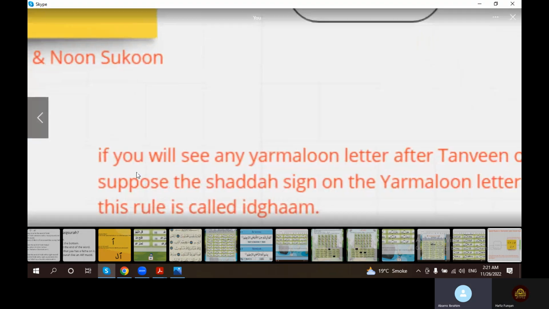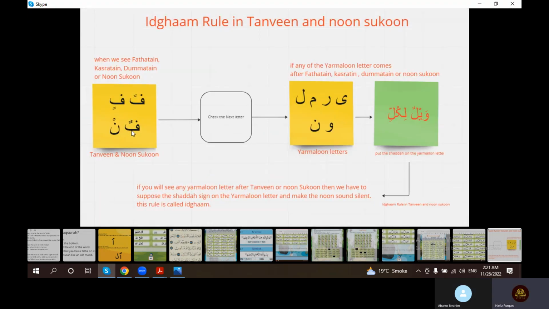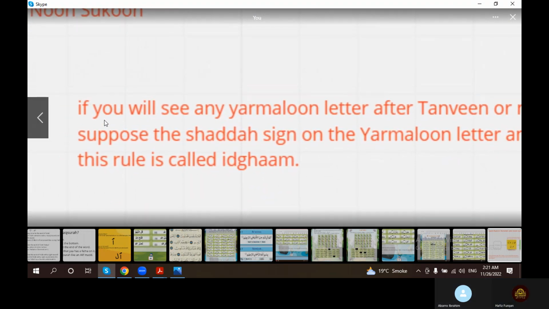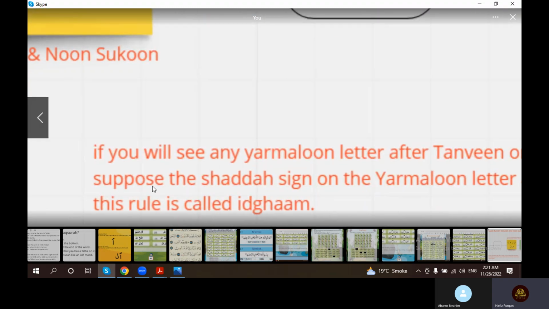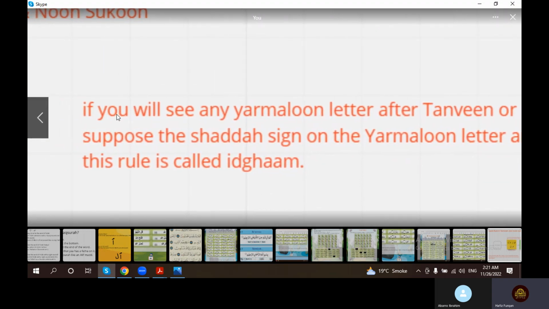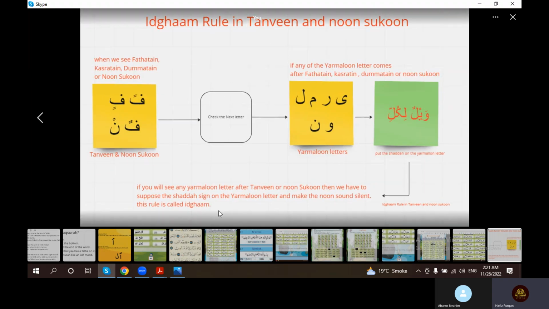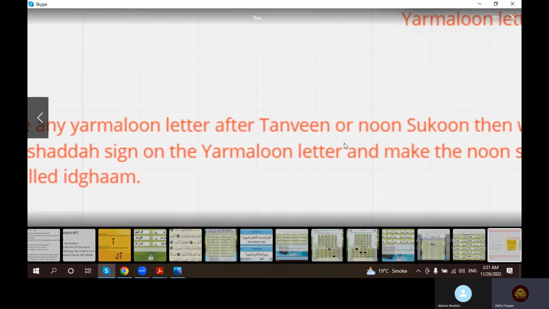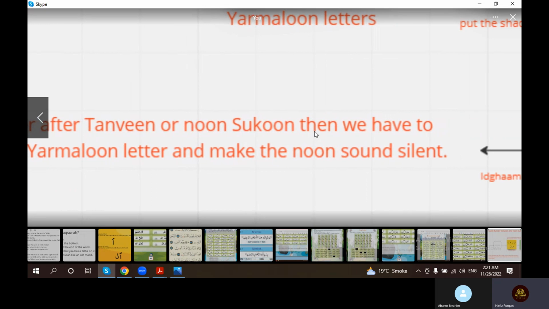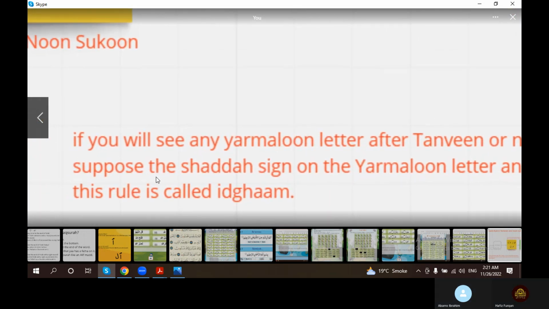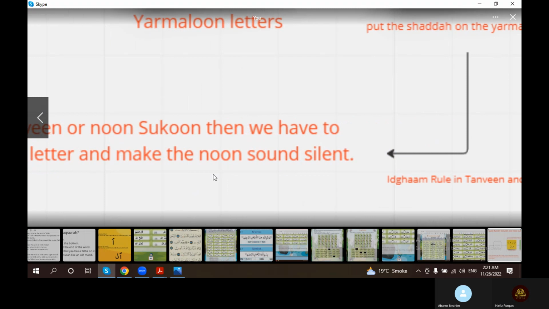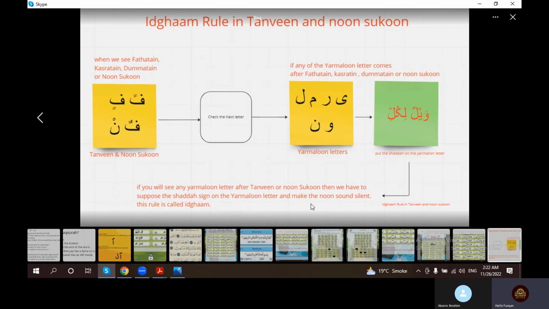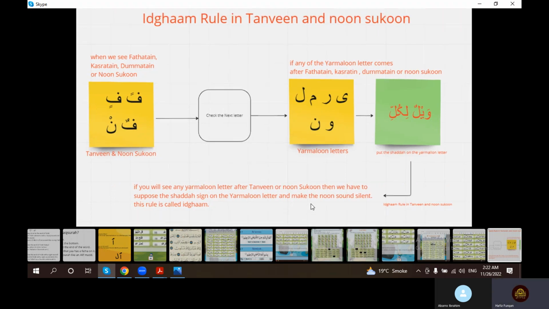Yes. Do you want me to send you a picture of the notes? Yes, you will send me. Check this: in the last row, I mentioned the whole rule. If you don't understand from the picture, you have to understand from that. If you see any Yarmalun letter after tanween or noon sukun, then we have to put the shadda sign on the Yarmalun letter and make the noon sound silent.